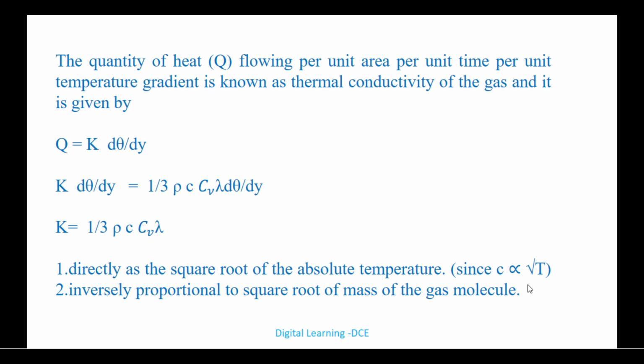Average velocity is directly proportional to square root of T. In turn, K is also directly proportional to square root of T. And also, since c is inversely proportional to square root of the mass of the gas molecule, hence coefficient of thermal conductivity is also inversely proportional to square root of mass of the gas molecule. So, this is about the expression for coefficient of thermal conductivity.